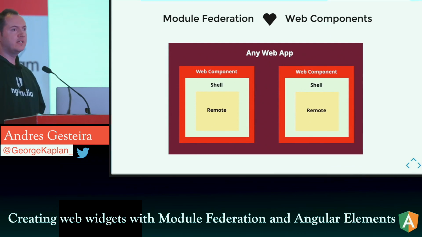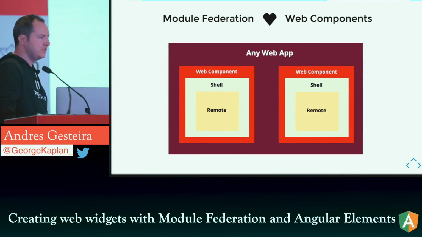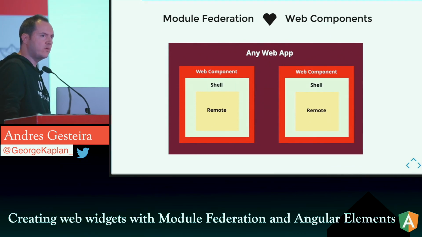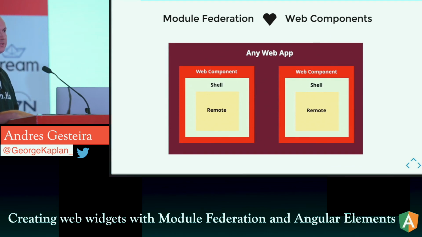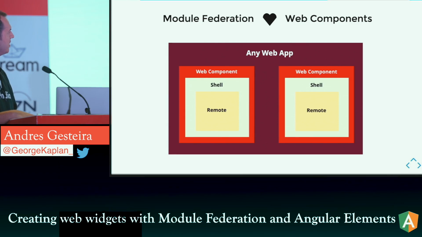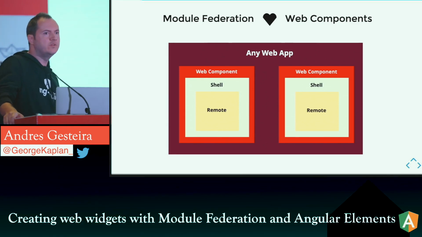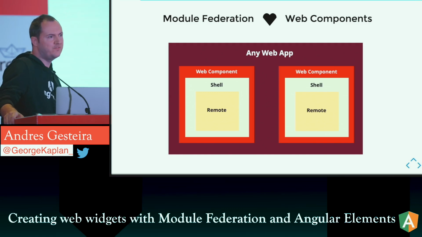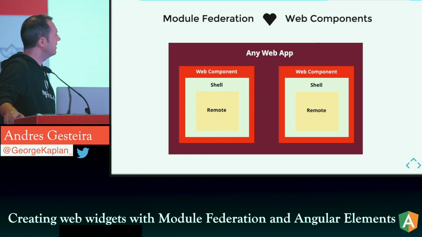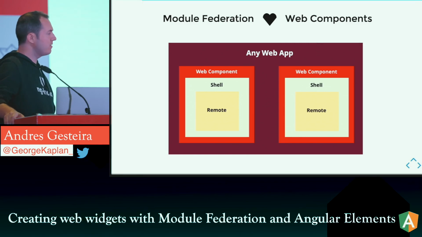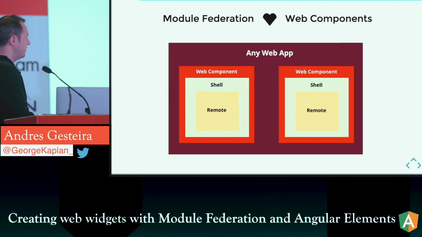We have mentioned that module federation doesn't guarantee a multi-framework application, so I really wanted to wrap the shells into web components, because that actually guarantees it. Now they say they only want it with Angular, but who knows, right? Maybe in the future they say, let's do it in a different technology. So by wrapping or encapsulating the shell into a web component, you actually ensure that this is possible.